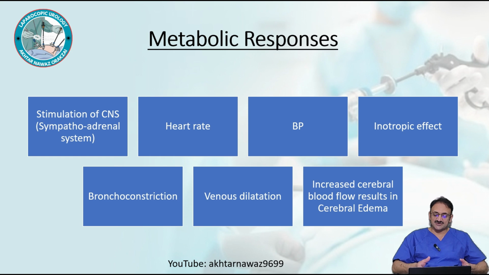And there is an inotropic effect of these hormones. So again, it will lead to increased heart rate and increase in blood pressure. And there is bronchoconstriction, there is vasodilatation, and there is increased cerebral blood flow, which results in cerebral edema. And there is hypercapnia, which again leads to decreased pH, and all of them contribute to cerebral edema.